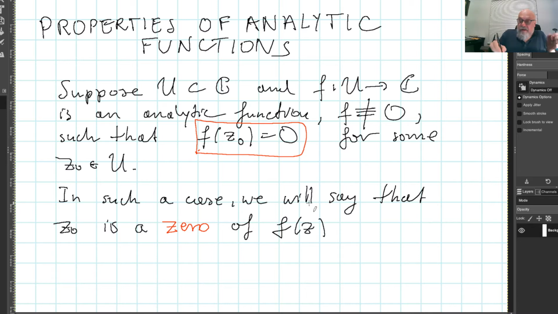This means f applied at that point is 0, so we call it a zero of the function f of z. Kind of stupid, but that's how they do it.